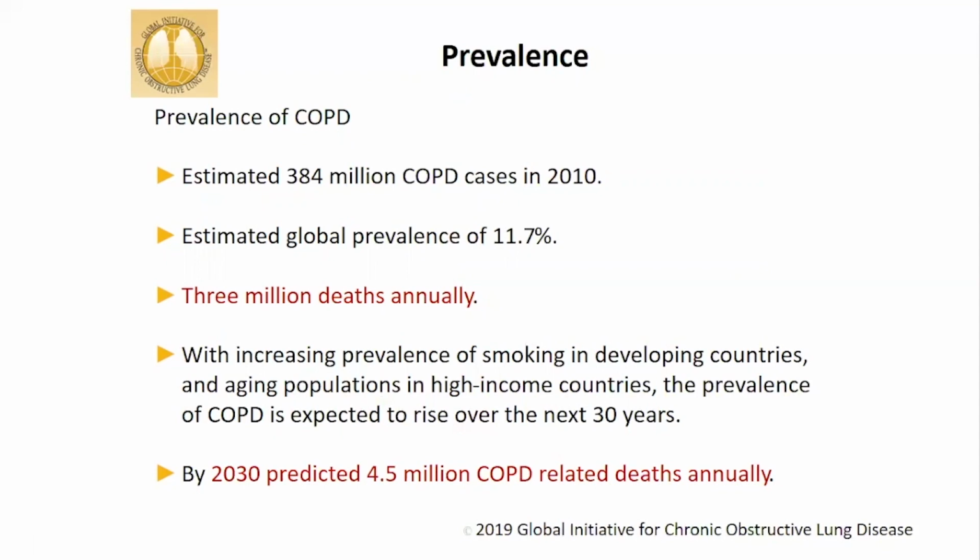And by 2030, the predicted annual death for chronic obstructive lung disease can reach as much as 4.5 million. So this is one thing I think that we have to bear in mind. It is just and correct to be afraid of COVID-19. But looking at this data, I think we have to fear chronic obstructive pulmonary disease more.